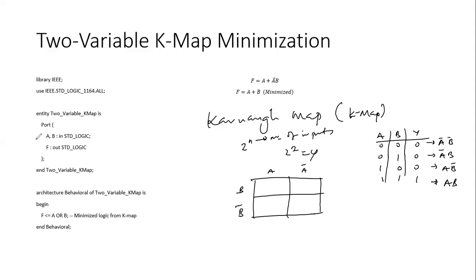So this is 1, this is 0, this is 1, this is 0, right? So this would be AB, then this would be A bar B. Now this would be A B bar, and then this would be A bar B bar.